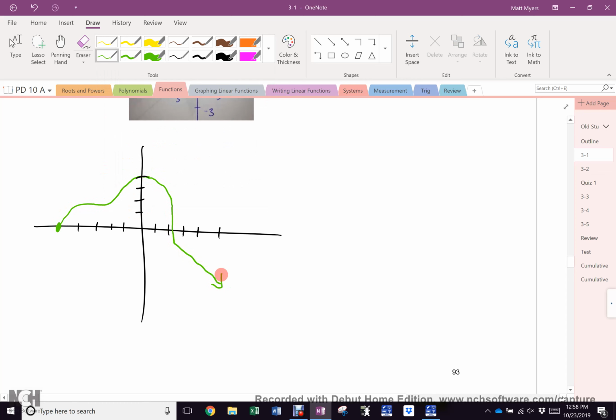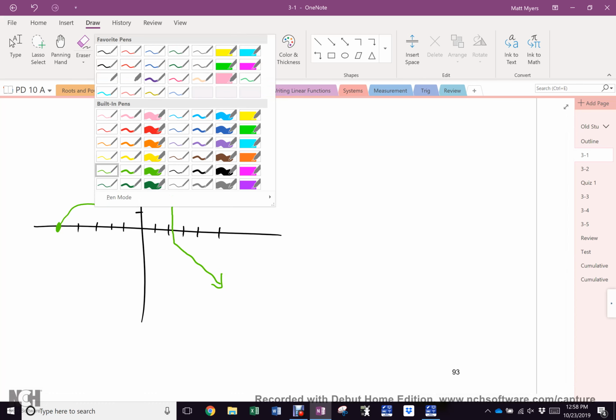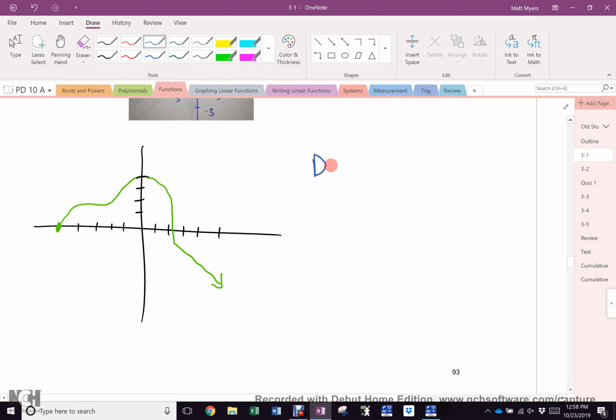Is it a function? Yes, it is. Why? Vertical line. Excellent. What's my domain? Where do I start? -5. Do I hit -5? Yes, because it's a closed dot. Now, what does that arrow mean?